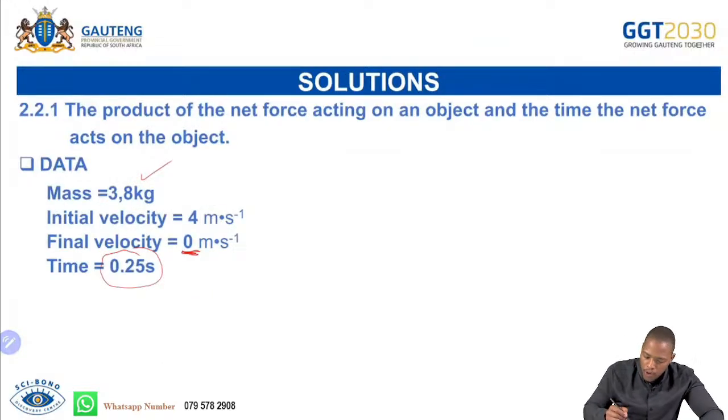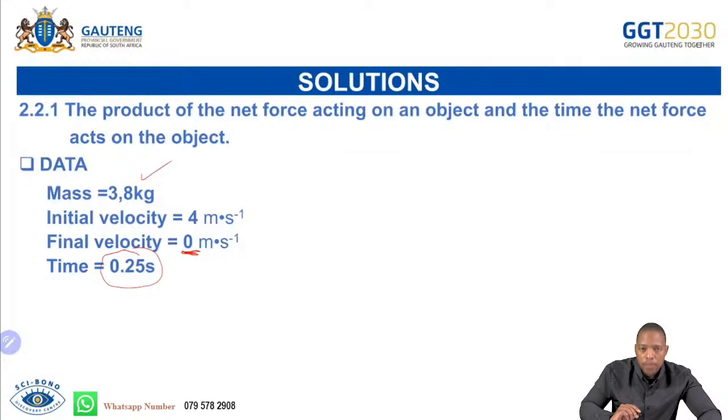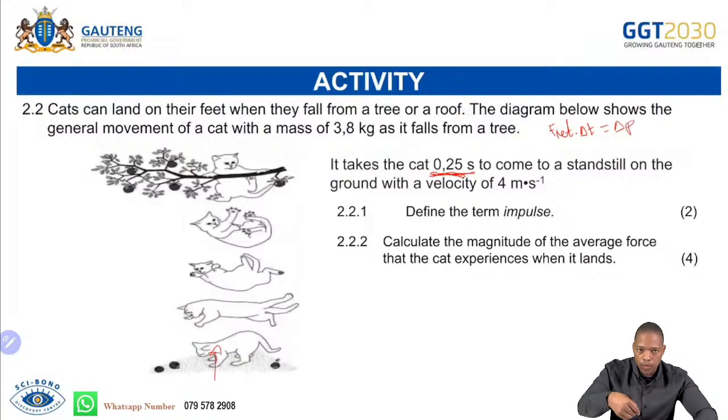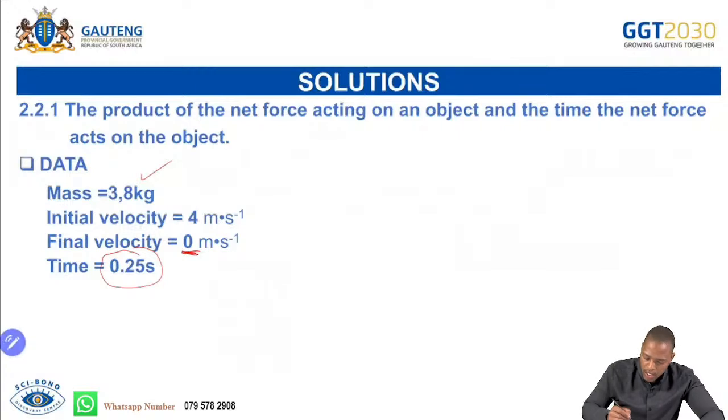So what do we do? We start by saying we know that the change in momentum must be equal to the impulse, but we need direction. So we are having an up and down movement here from the diagram itself. You can see the cat is falling, so it means we are having an up and down movement there. So how do we take our direction? I would say take upwards as positive.